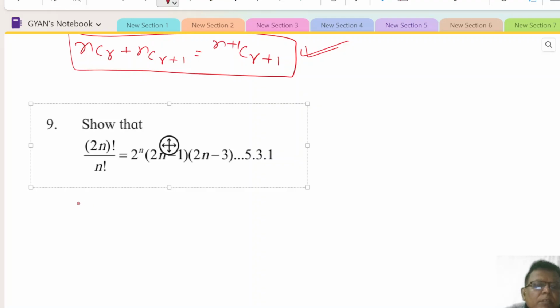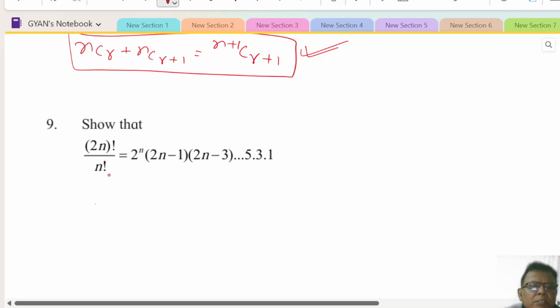Now we'll solve this question. We have to show that the left hand side is equal to the right side.